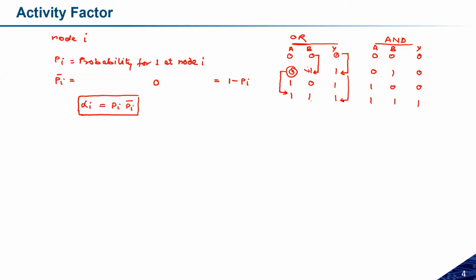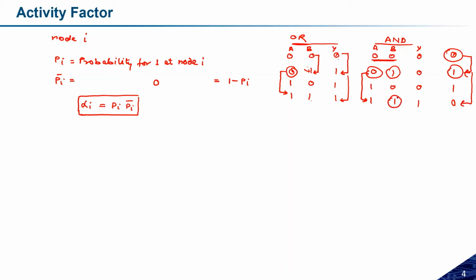Similarly, if you use an XOR gate, you will get 0, 1, 1, 0. If both the inputs are 0, then you are getting 0. If you change one input like B, then there will be some switching from 0 to 1. Now, if you change the second input A to 1, then there will be 1 to 0. Then again there will be probability.